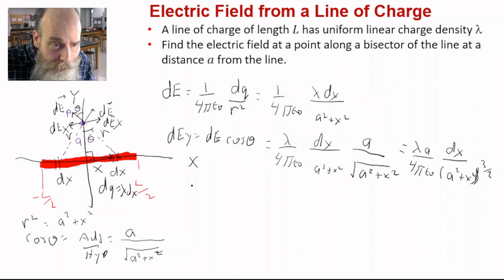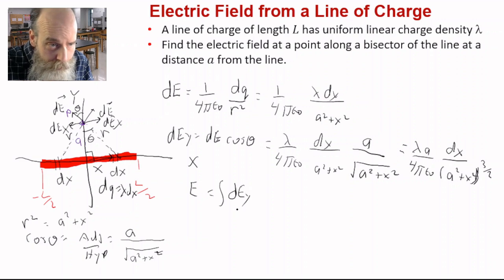Now, to get the total electric field, the x components are 0, so we just sum all the dEy's. Integral of dEy. And the electric field is going to be in the y direction. Let's take out the constants. Lambda a over 4 pi epsilon 0 is a constant, so we'll take that out of the integral.